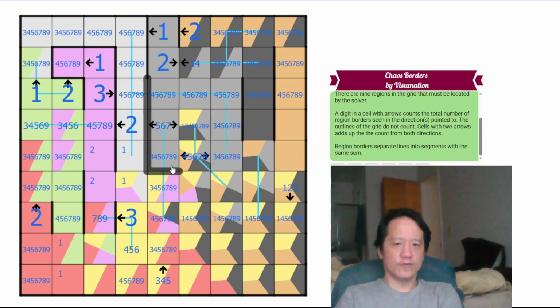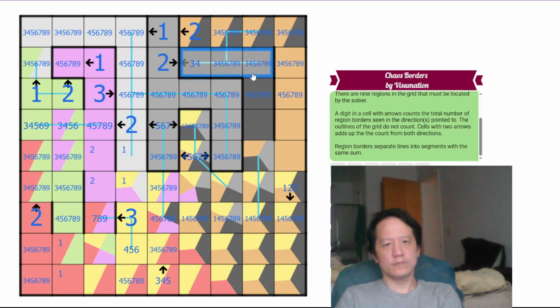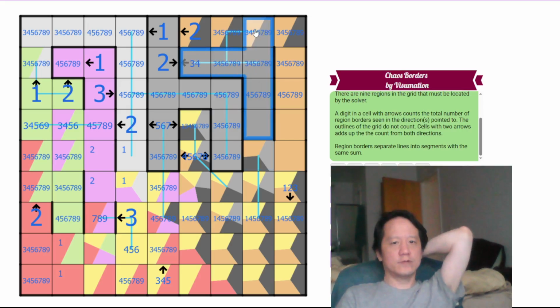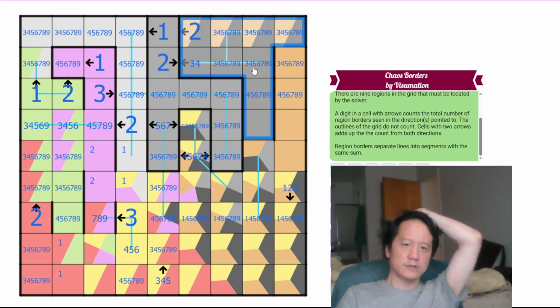Which would fill this. You would not have medium here. It would have to be dark. Therefore, well, we don't know. All of this could be dark, technically.